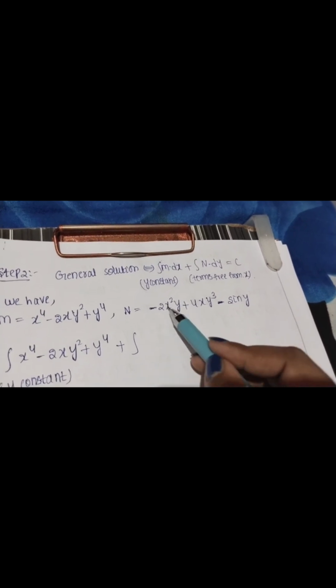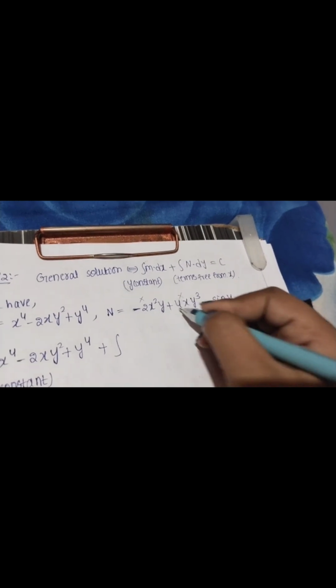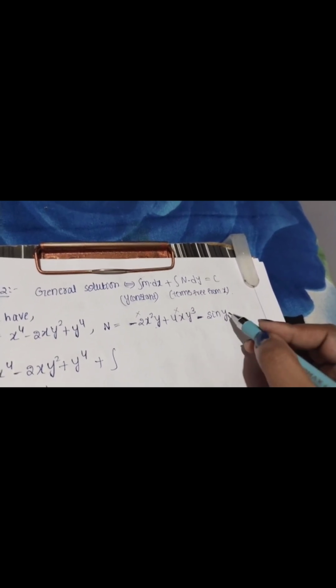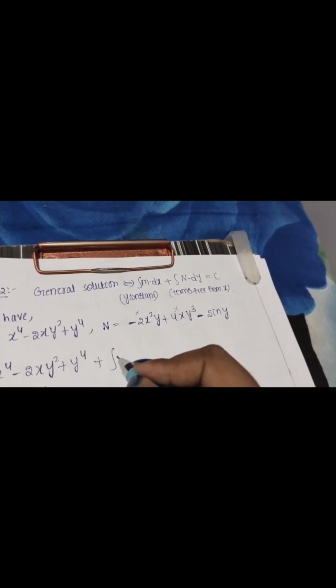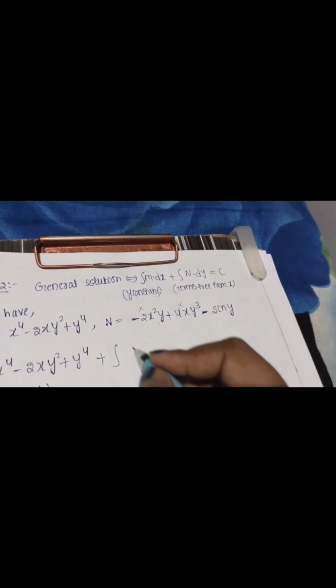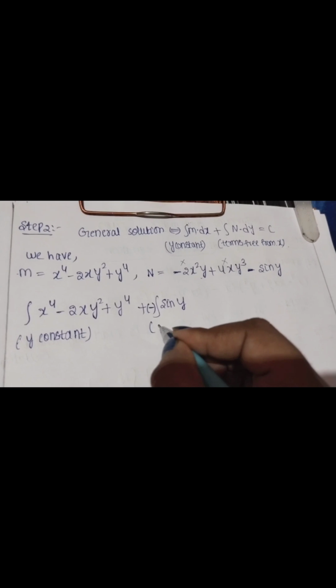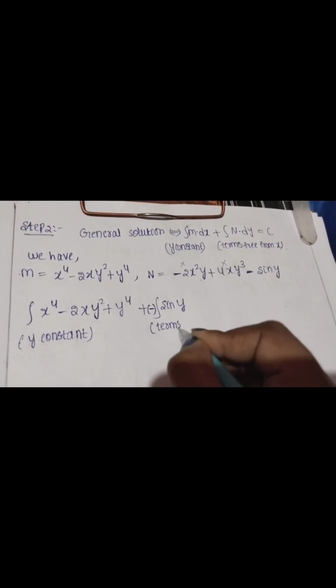This whole term contains x, so let's ignore it. This also contains x, so ignoring it. Here we do not have any x term, so let's just take minus sin y. So here we have followed the terms free of x.